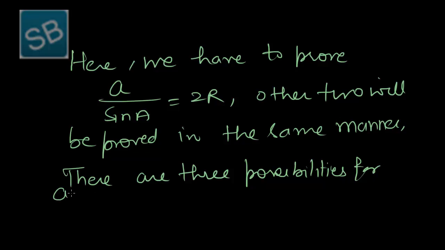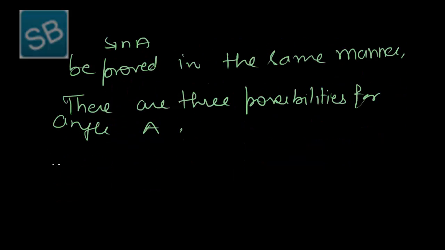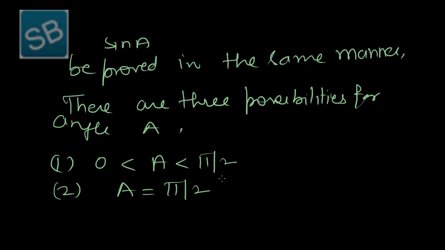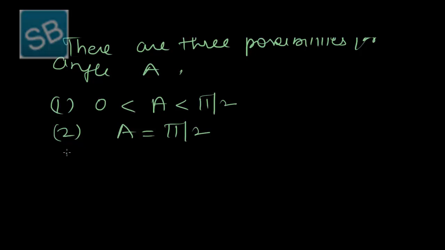For angle A, the first possibility is that angle A may lie between 0 and pi by 2, that is an acute angle. It may be equal to pi by 2, a right angle, or it may be an obtuse angle, that is an angle between pi by 2 and pi.